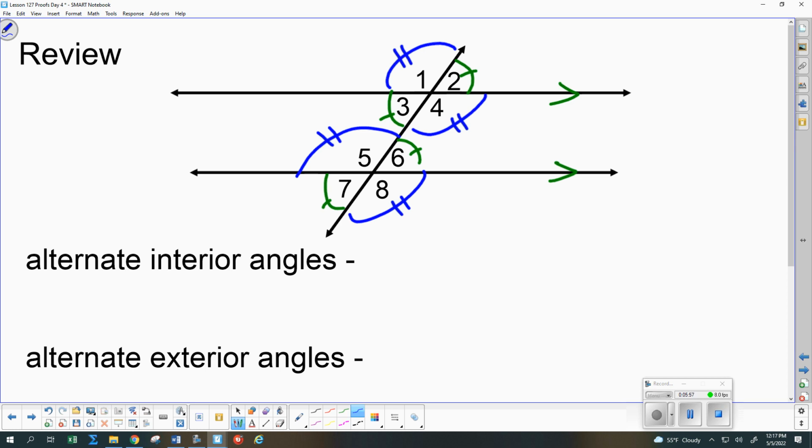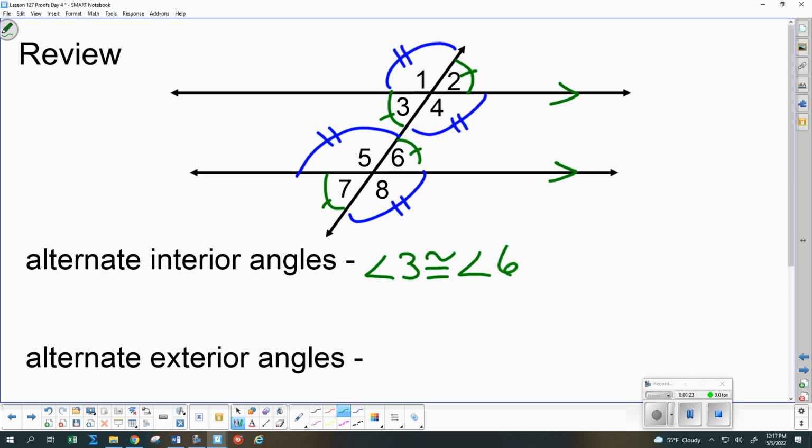So, alternate interior angles. Who can tell me 2 alternate interior angles? Ada? Everybody good with 3 and 6 would be 1 pair of alternate interior angles? And they would be congruent because they are alternate interior angles.